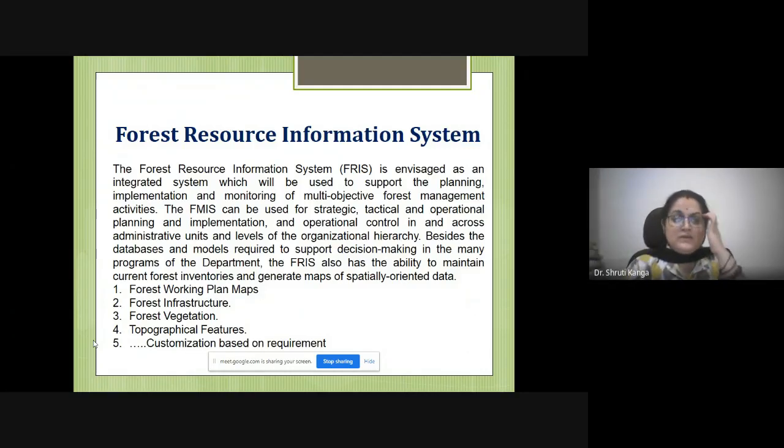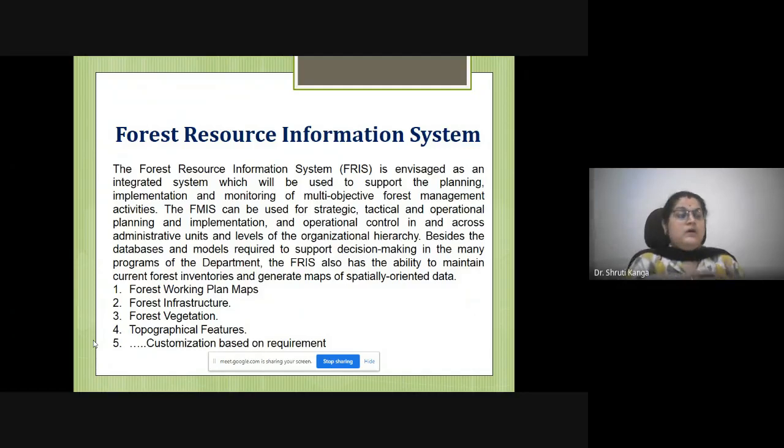Okay, so this forest information system, basically it has different kinds of strategic planning under it, tactical planning under it, and different kinds of operational plannings which are helpful in different administrative levels at different hierarchical structures of their ranking.